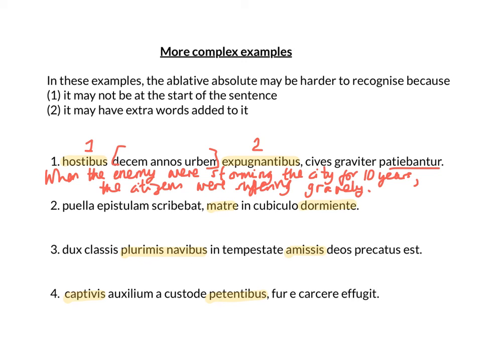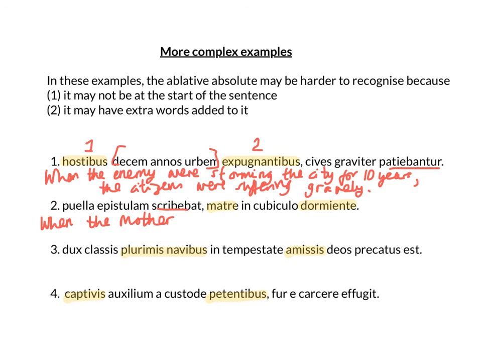Let's look at the next. Again, we're going to start with when. And I found the ablative absolute at the end of the sentence this time. We can translate it at the end as the Latin's done, or we can do it at the beginning. I'm going to choose to do it at the beginning. So when the matre, the noun first, which is a mother, dormiente, that means sleeping.